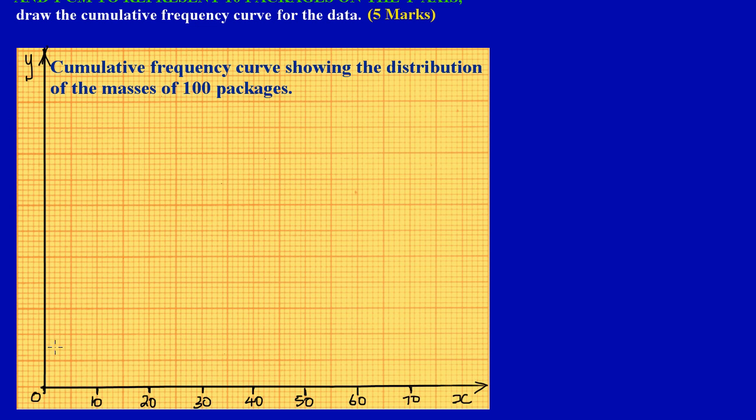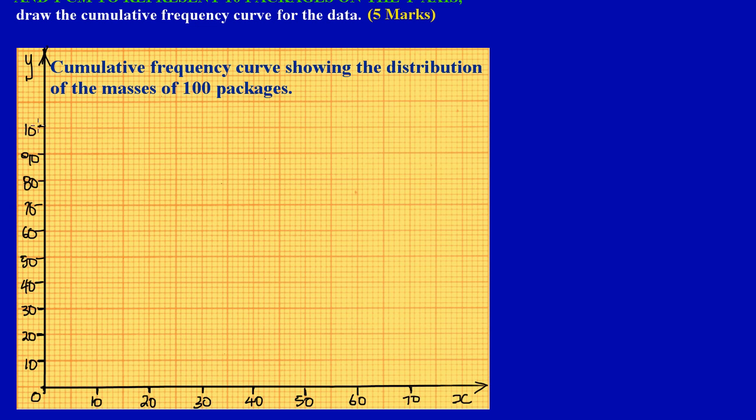Now on my y-axis they have stated that I am going up by 1 centimeter to represent 10 units. So obviously here that's 10, and I would be going up by another centimeter, so that's 20, then 30, then 40, then 50, 60, 70, 80, then 90, then 100.